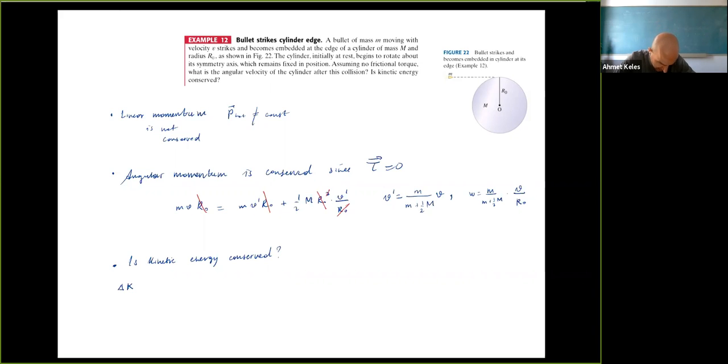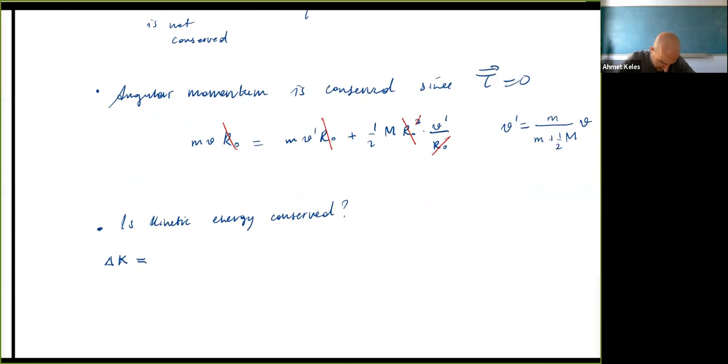Delta K is equal to K final, which is 1/2 m v prime squared. This is from the bullet, plus 1/2 I omega prime squared. This is from the disk, and subtract the initial one, which is 1/2 m v squared.